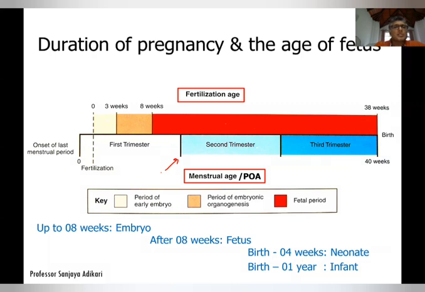Because of that, this first trimester is a very serious period. A female should know that she is pregnant during this period and be very careful with eating certain food and especially taking drugs, because certain drugs can damage the developing organs.